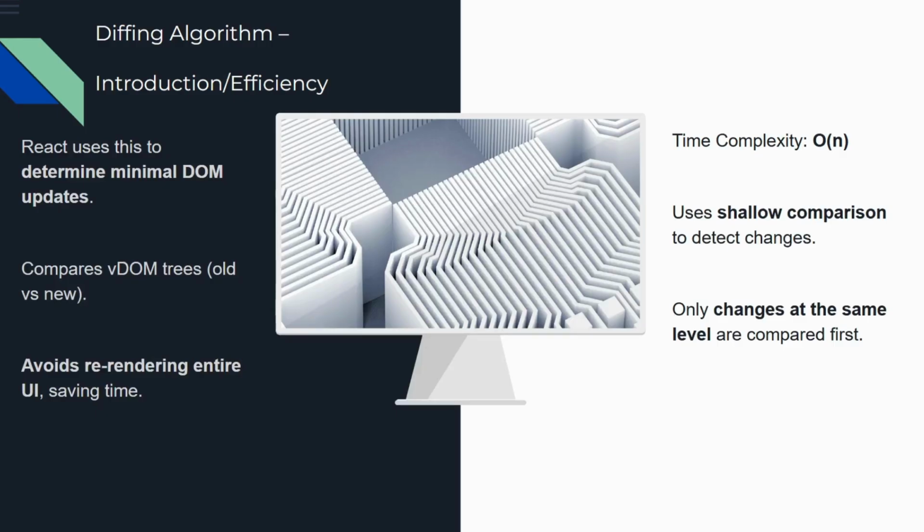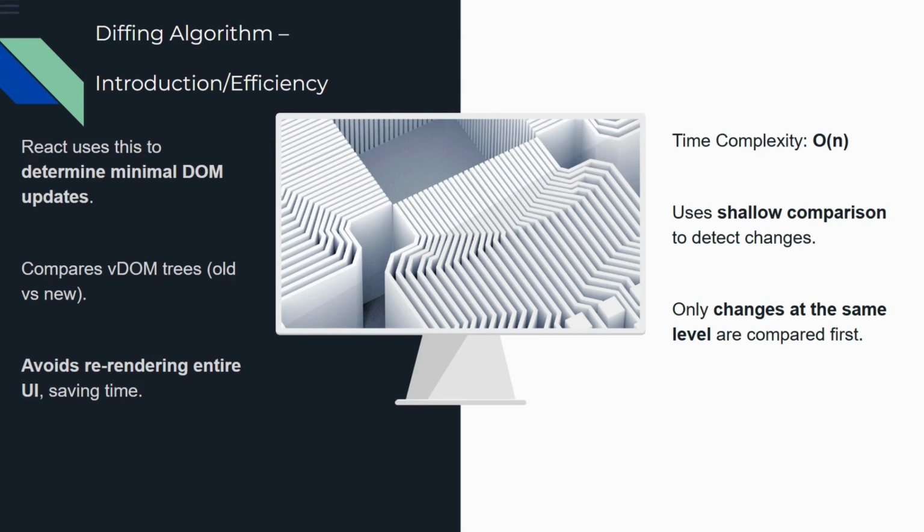Now let's know about the diffing algorithm, its introduction and its efficiency. React uses this to determine the minimal DOM update, compare the VDOM tree old versus new, and avoid re-rendering the entire UI, saving time. So the diffing algorithm is very useful for saving time. Now, what is the time complexity of the diffing algorithm?